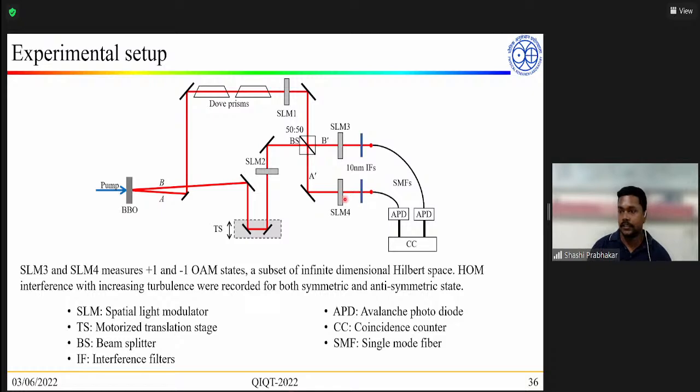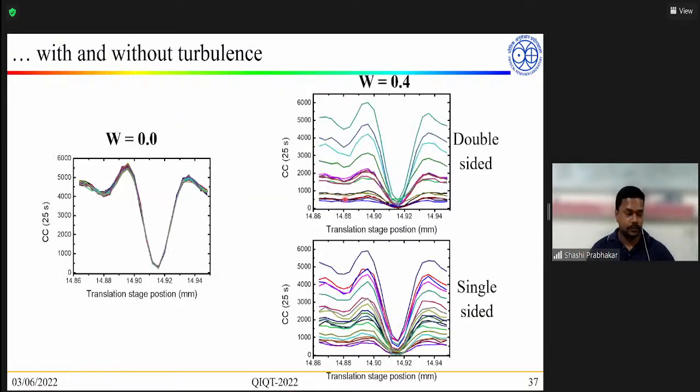Here I come to the first part of the results: if there is no turbulence, or the turbulence strength is 0, then for any combination of turbulences the visibility is always around 90%. Whatever we observe here is the background or accidental coincidence.